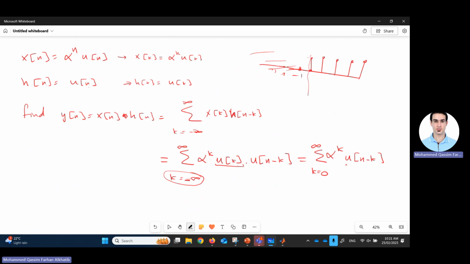Now, what about this other unit step function? What will be the typical values there? Okay, let's draw it. I have u of k, so u of k is like this.